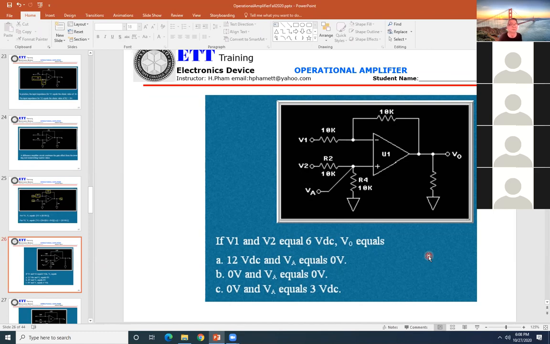It should be 0 if this is a differential amplifier. A or B or C? B. B. Oh, but wait.